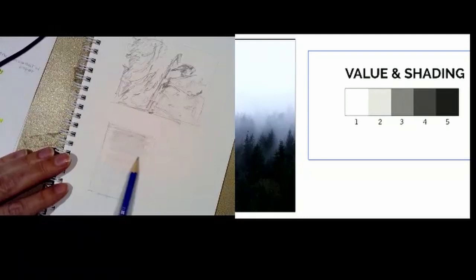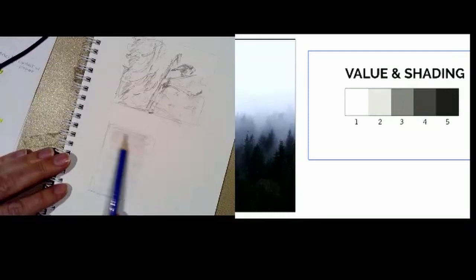And then I'm going to come in to the midground of this picture. We've got what almost looks like, if you look at the value bar, a 3 or so. So I'm going to start as if it were a gesture sketch, putting in another layer that captures the shapes of the trees.